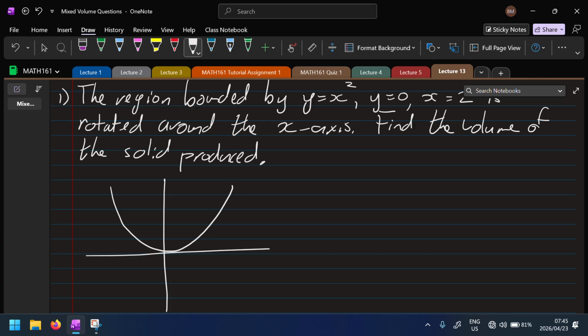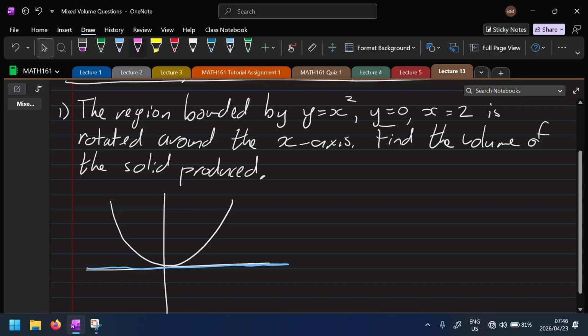y equals 0. Here, that's just the x-axis, so let's put that in a different color here. And x equals 2. Okay, let's pick another color for that. So if x equals 2, then that y value at the top there, that must be 4.